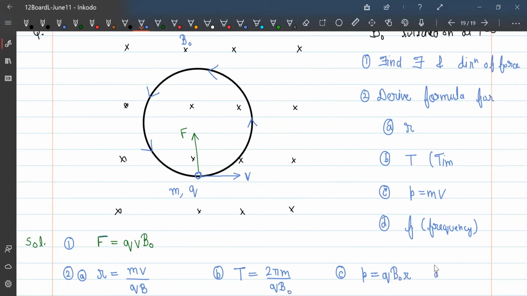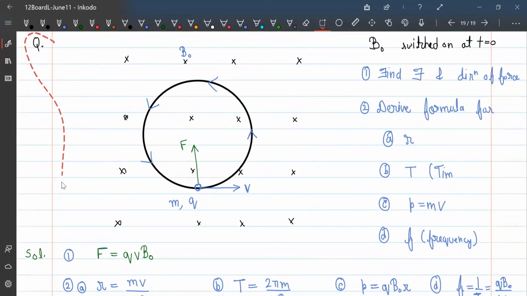And then the frequency. Frequency is 1 upon time period. qB by 2 pi m. qB by 2 pi m, correct.